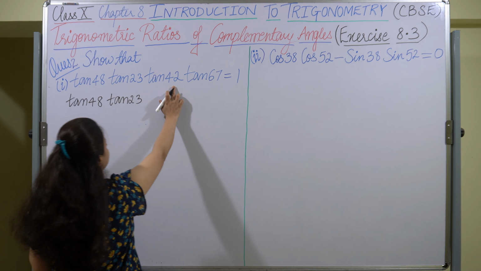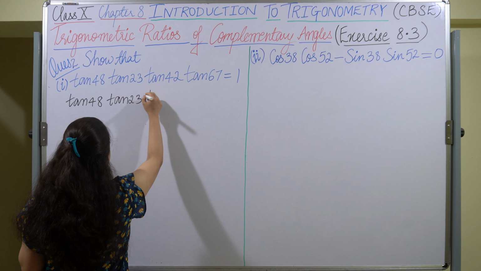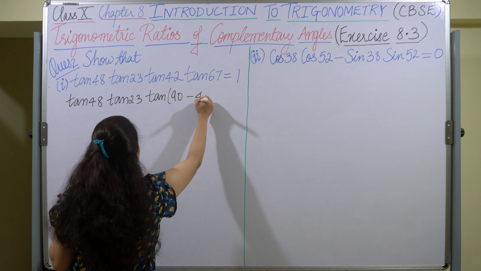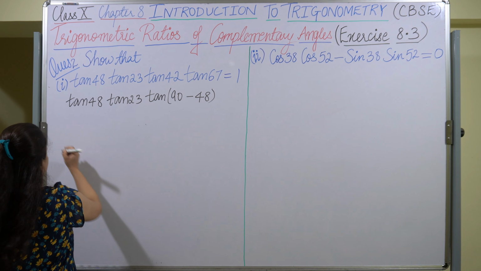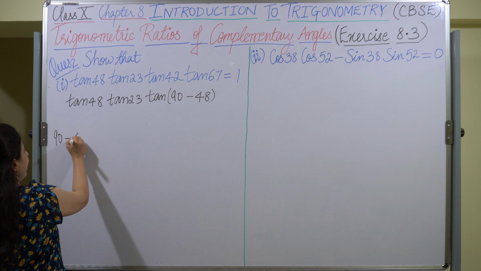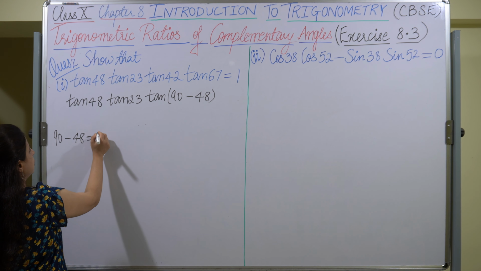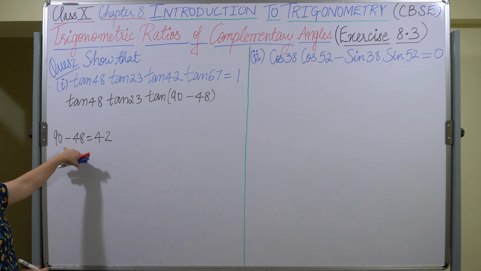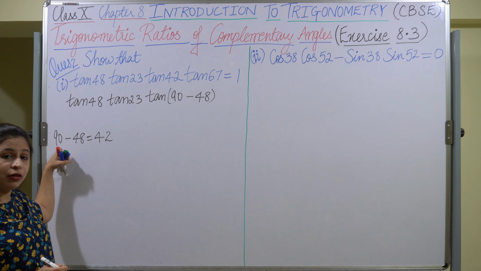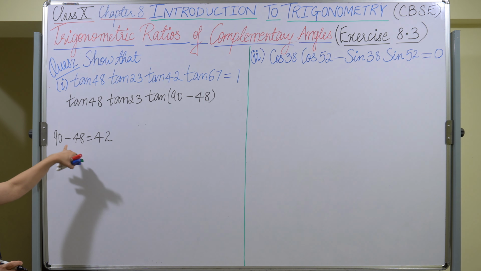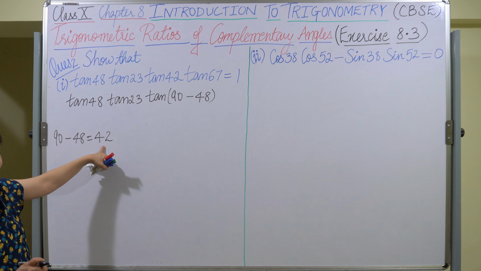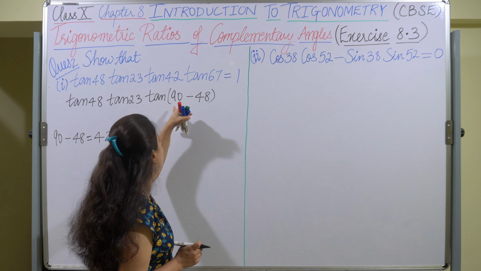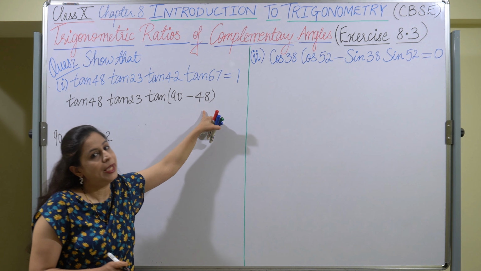Now 42 can be written as tan 90 minus 48. You can easily check in your rough column whether it is equal to 42 or not. If we subtract 48 from 90, we easily get 42. So I replaced 42 with 90 minus 48.